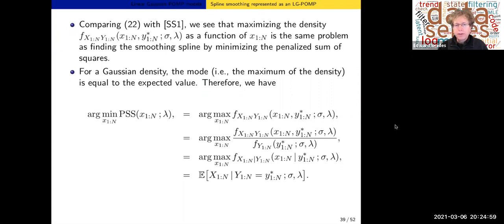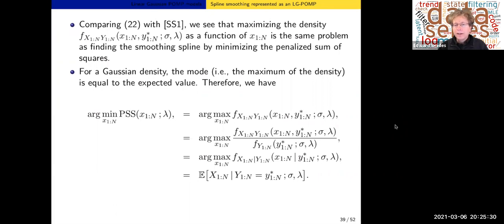We found that the minimum penalized sum of squares is the maximum of the joint likelihood. The change from minimum to maximum is because of the negative sign that shows up in the log likelihood. Now, when we have the joint likelihood, we can divide through by the marginal likelihood of y 1 to n, because it doesn't depend on x, and we're taking a maximum over x.